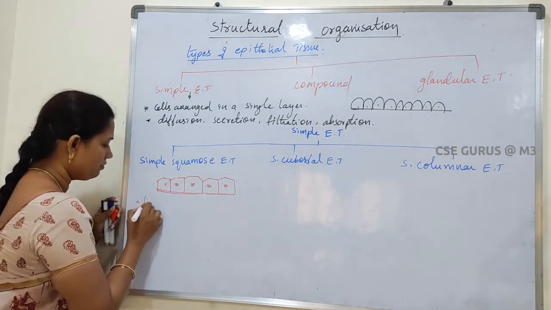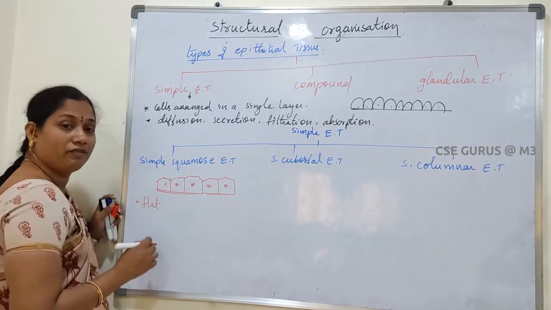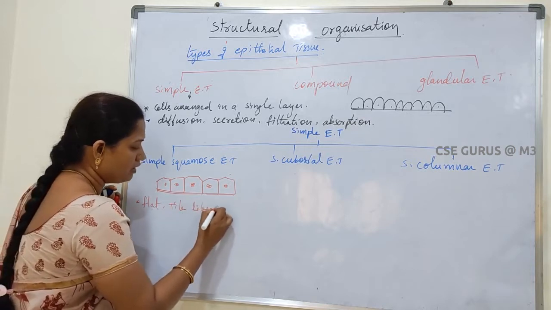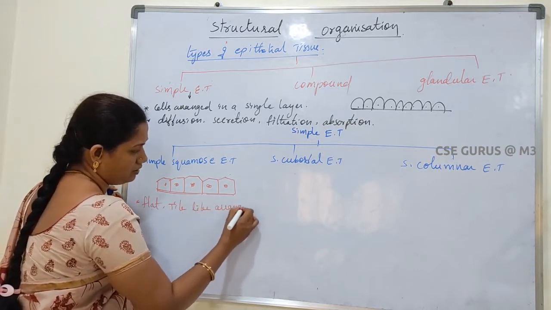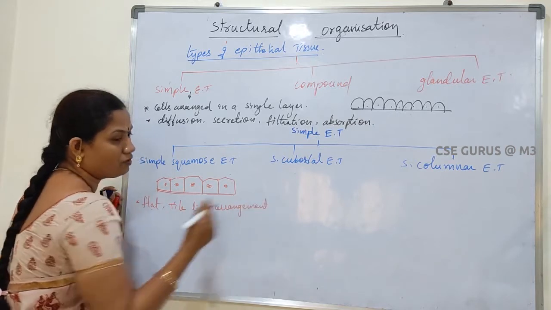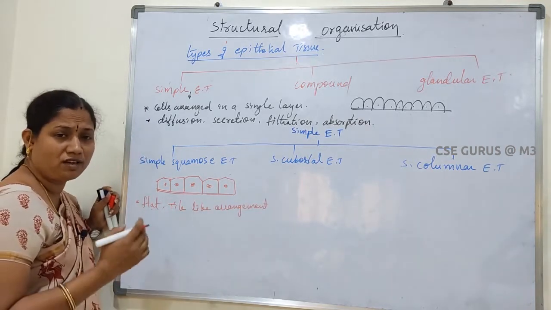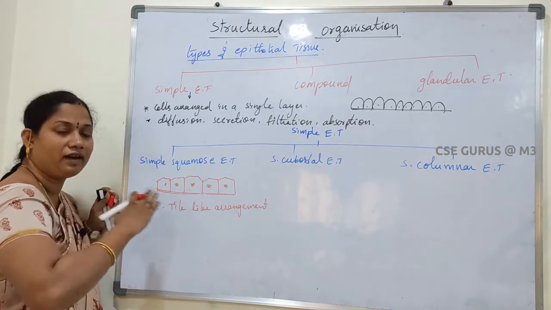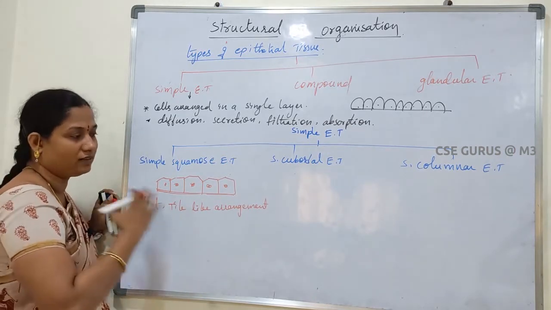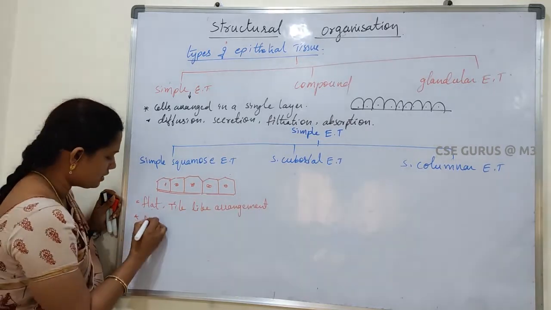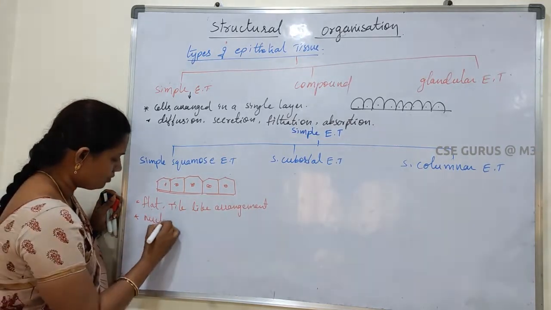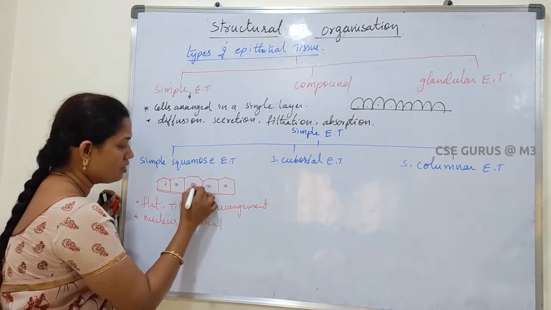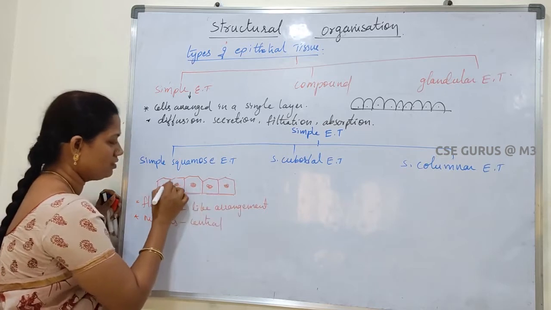Just as tiles are arranged on our floors, in the same way here the cells are very flat and arranged like tiles. Next, the nucleus is central. In the center the nucleus is present.